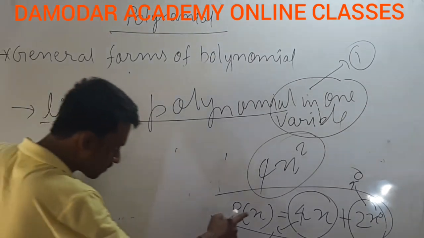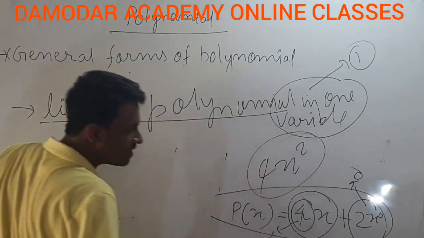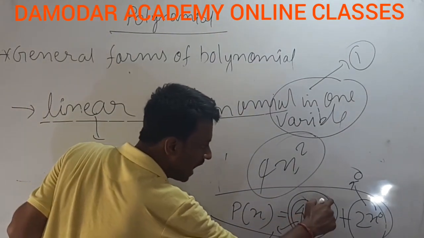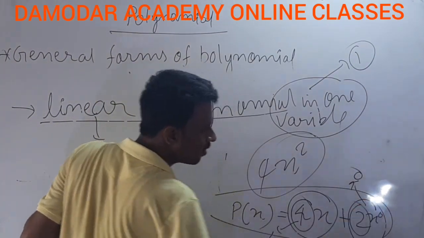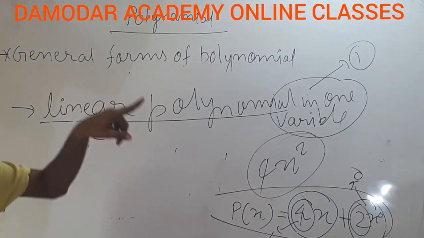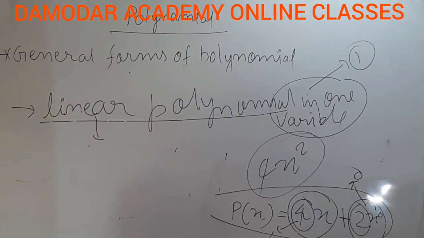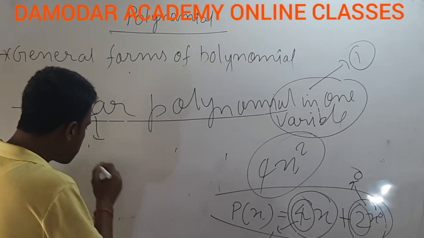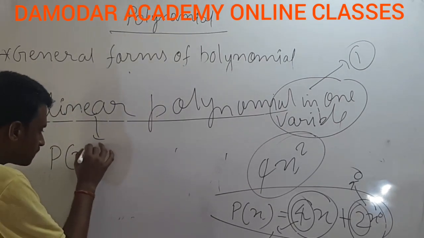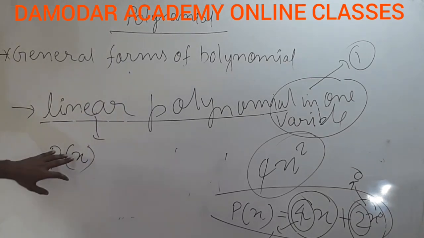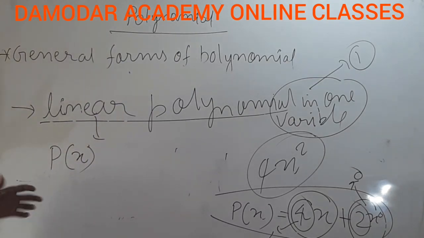Look, 4 is the coefficient of x, and 2 is also the coefficient of the variable x in another term, or not? It is. That means, can we write P(x)? We are going to write the general form of a polynomial.